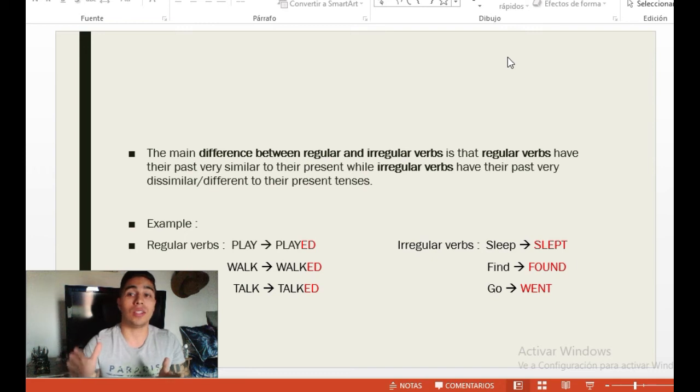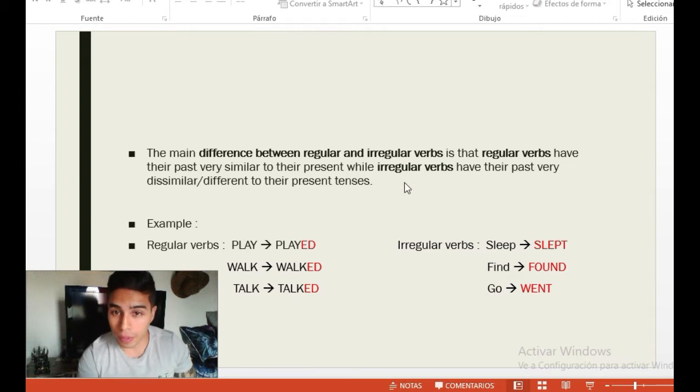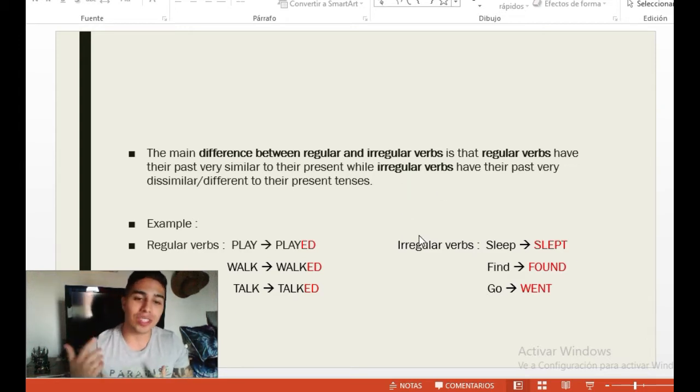So it becomes played, walked, talked. That's the difference. But with the irregular verbs, the ones that we are going to learn today, they change their form. So just pay attention to it because it's very important.